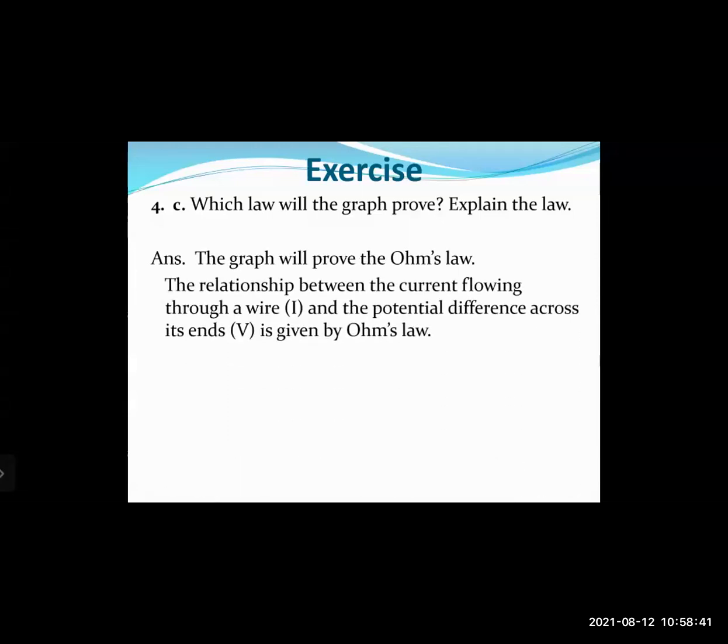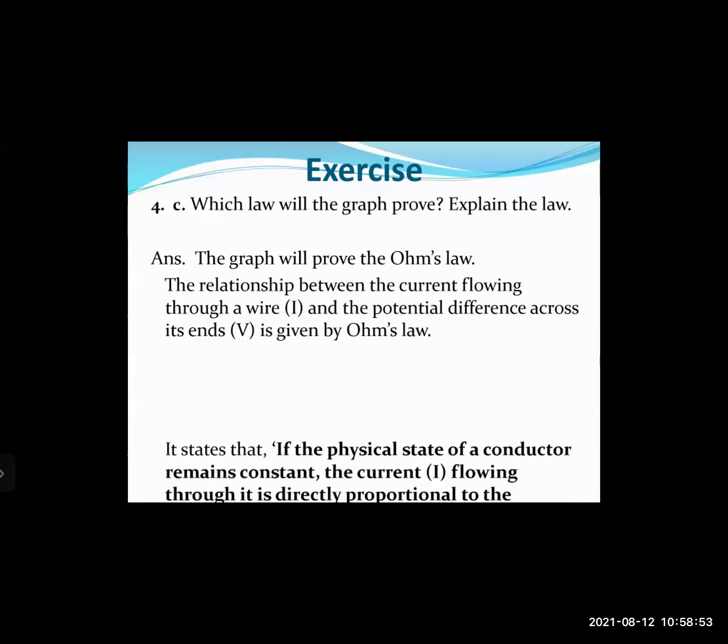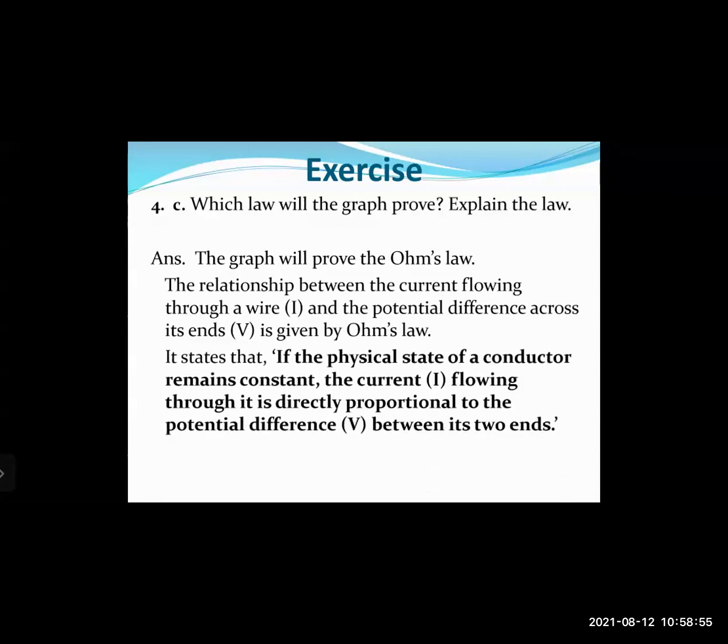Let us explain the law now. The relationship between the current flowing through the wire I and the potential difference across its ends V is given by Ohm's law. Let us write down the law. Ohm's law states that if the physical state of a conductor remains constant, the current I going through it is directly proportional to the potential difference V between its two ends.